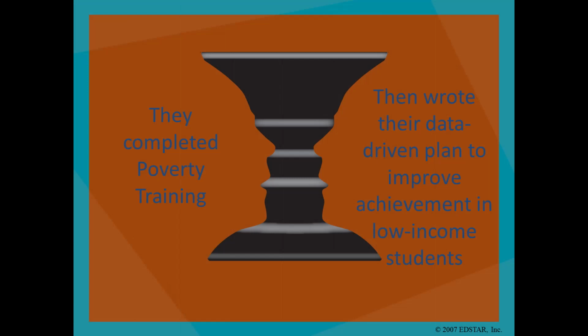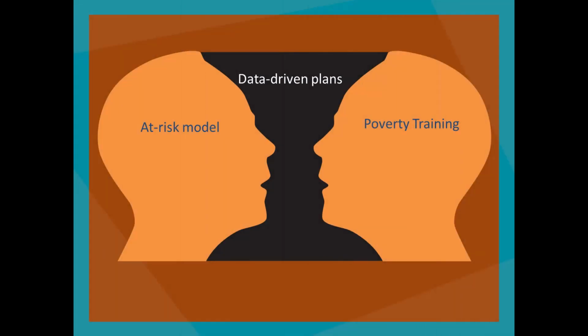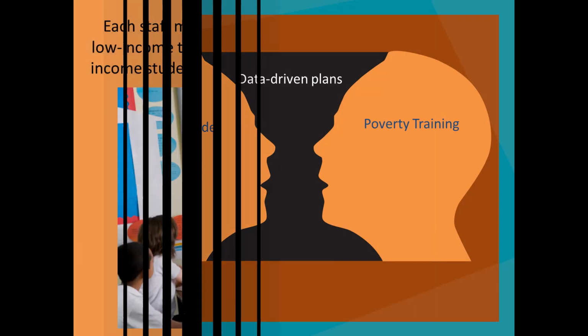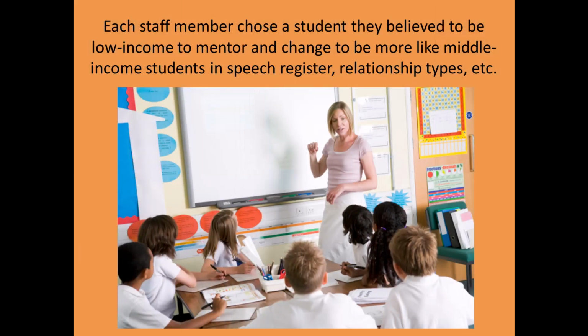They had already made their plan, and they had identified what data they were going to use with their plan. As it turned out, they had internalized from their training that the low-income students couldn't raise their achievement until they were changed in ways that made them different from middle-income students.